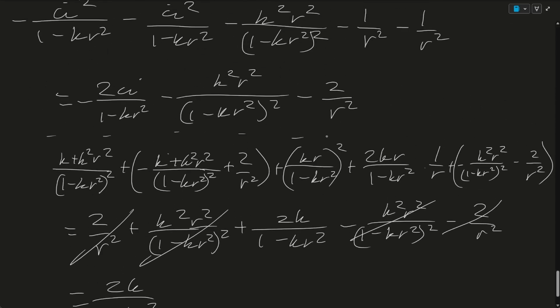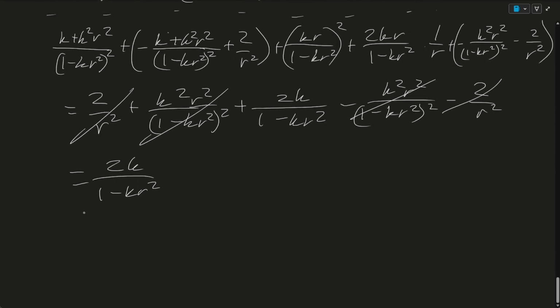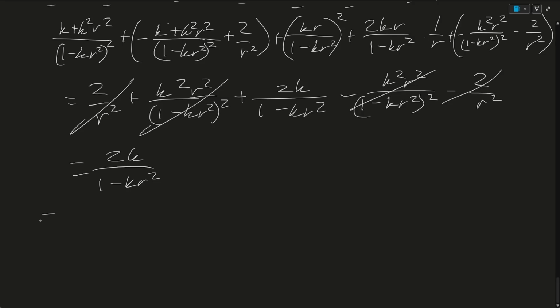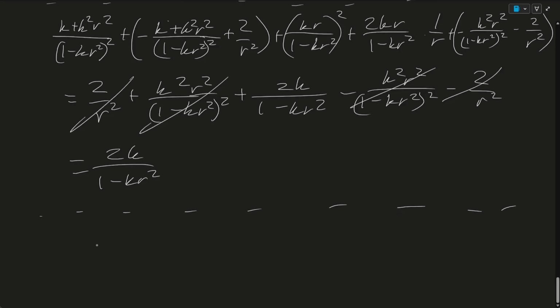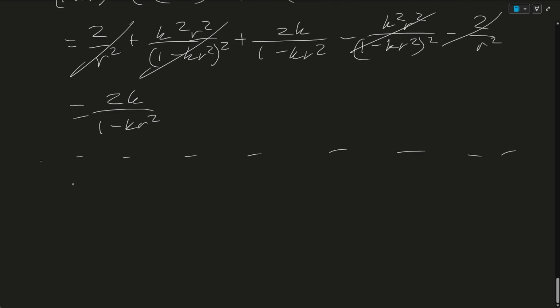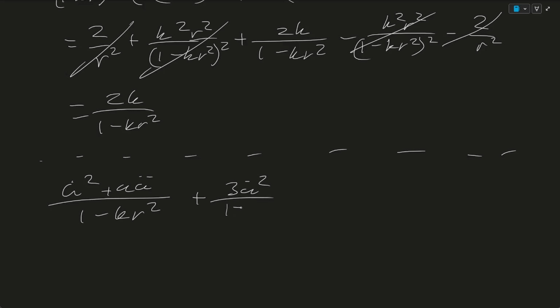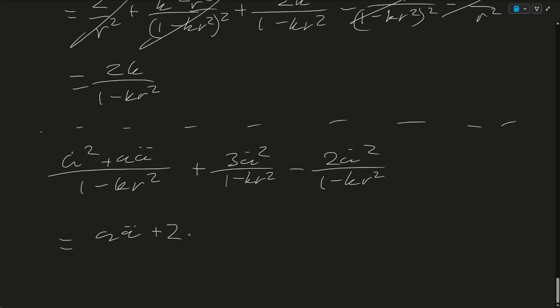So if I draw like a dotted line in there to show that this is that, then the time dependent parts are a dot squared plus a double dot over 1 minus kr squared plus a dot squared over 1 minus kr squared minus 2a dot squared over 1 minus kr squared, and this is equal to a double dot plus 2a dot squared over 1 minus kr squared.